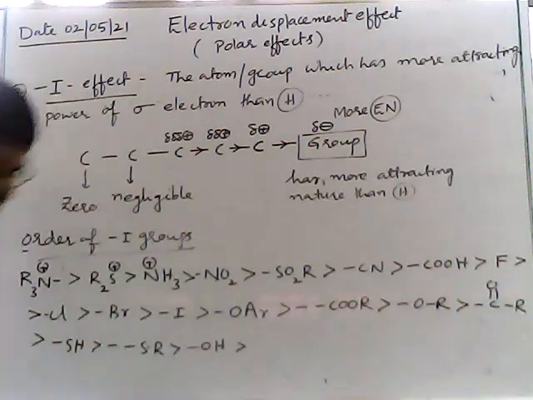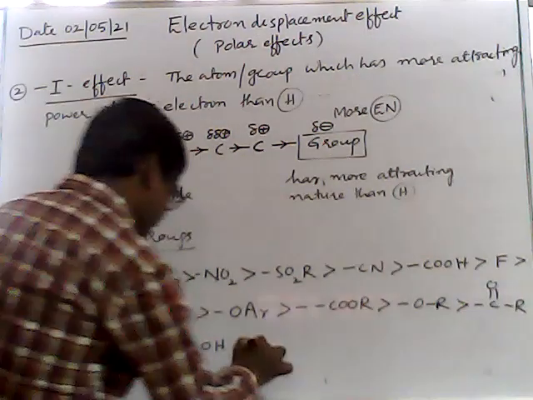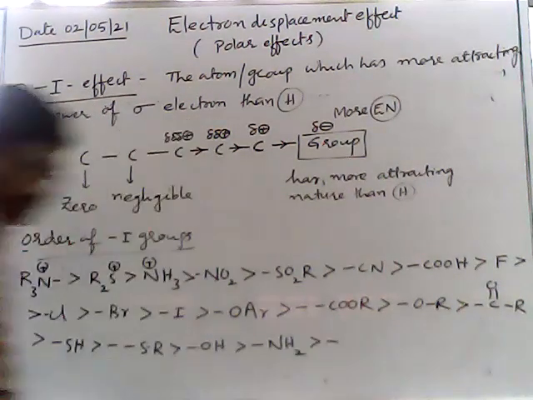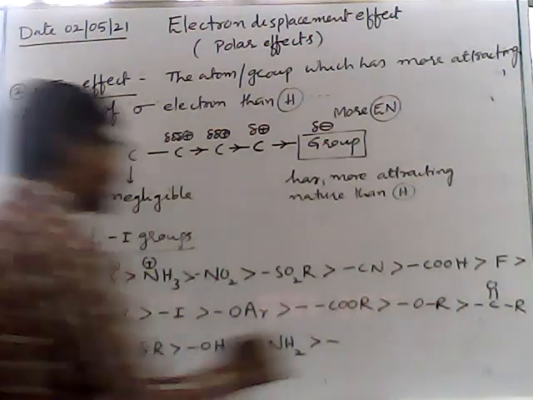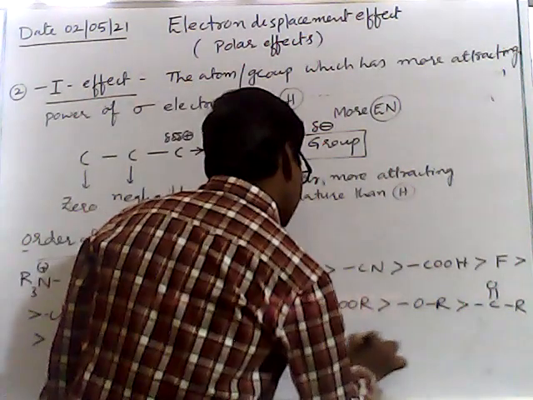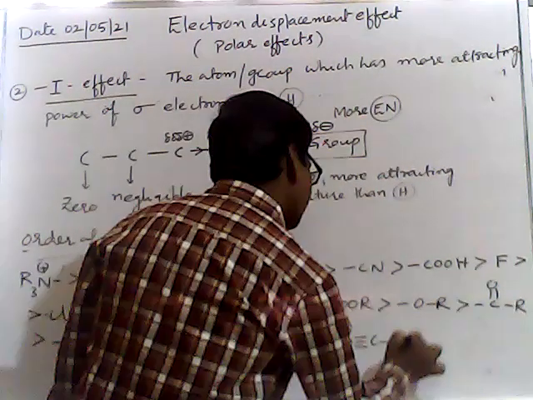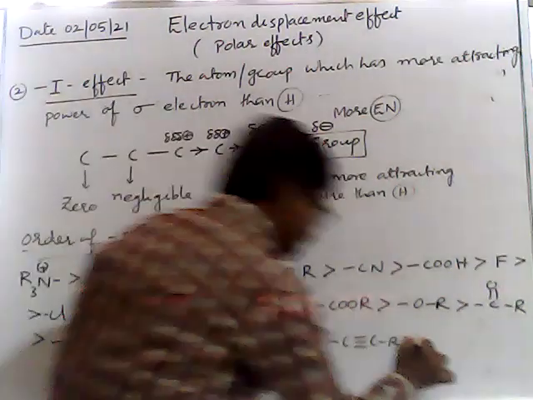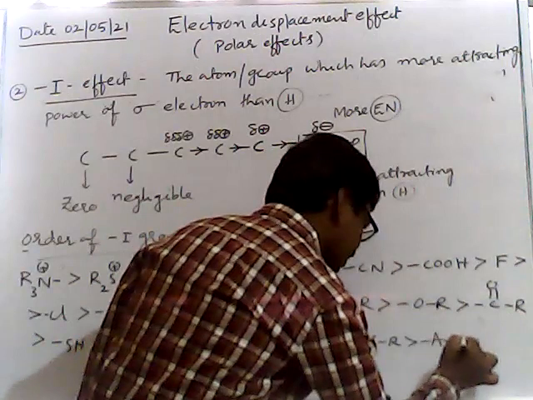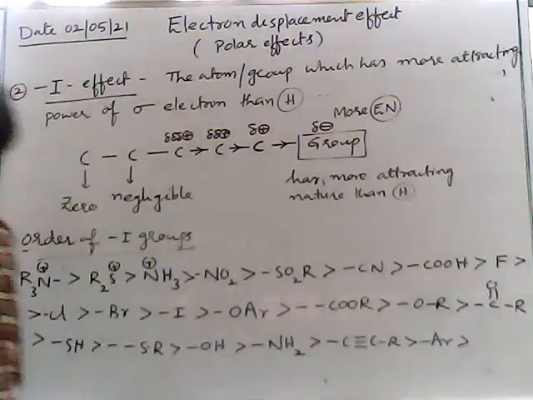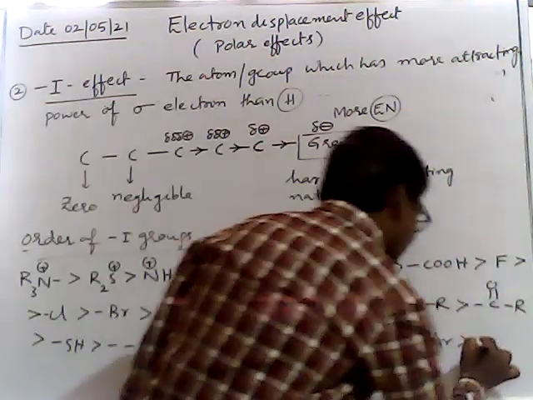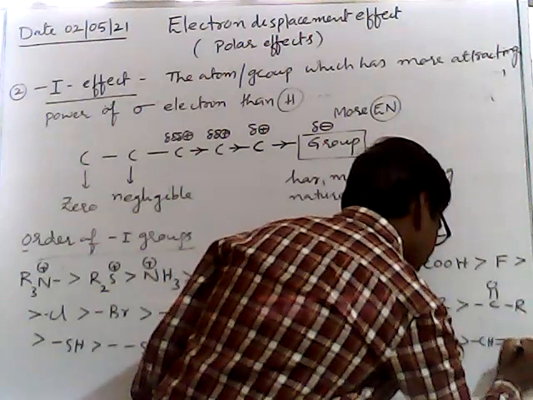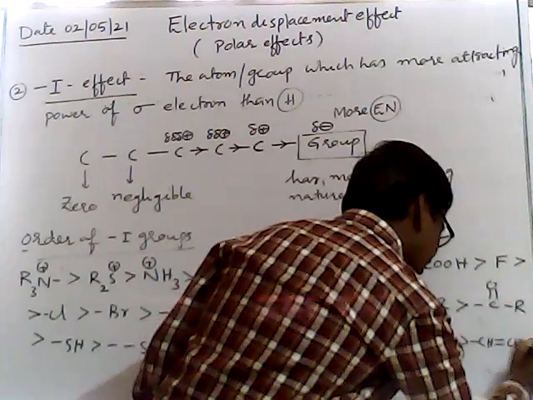After hydroxy we have NH2, amine. Then after amine we have alkynyl, meaning C triple bond C R. After alkynyl then phenyl, otherwise aryl. Then lastly we have alkenyl. Alkenyl means CH double bond CH2, otherwise here R I am getting, alkyl.